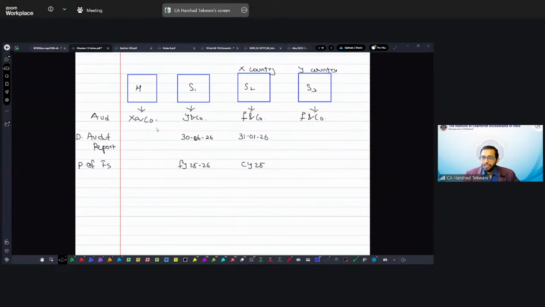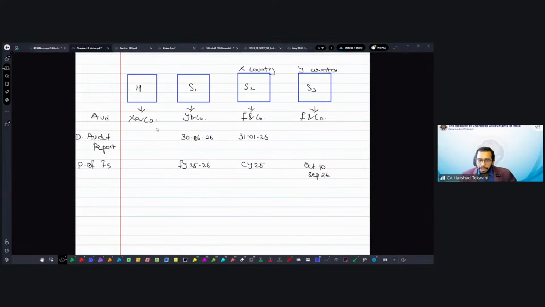The period that was followed by subsidiary S3, let's say it was October to September, usually the way it is done in the US. So October to September 26.